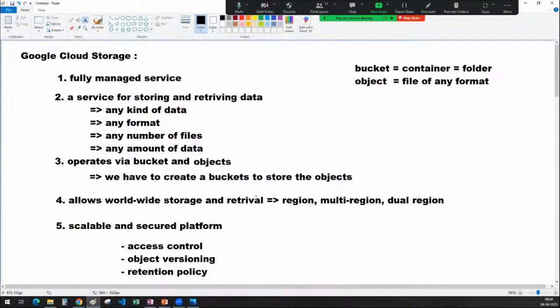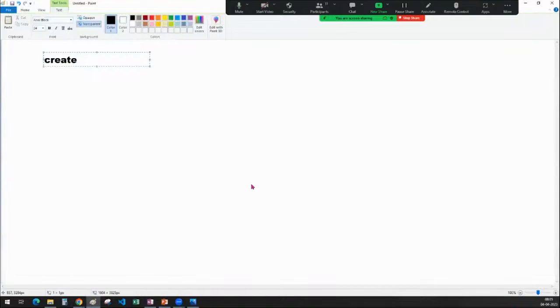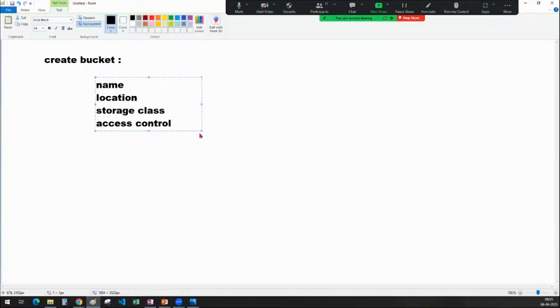Whenever you want to create a bucket, you have to give a proper name to the bucket, you have to select the location of the bucket, you have to select the proper storage class for the bucket, and we have to select the access control, the object versioning and the retention policy.